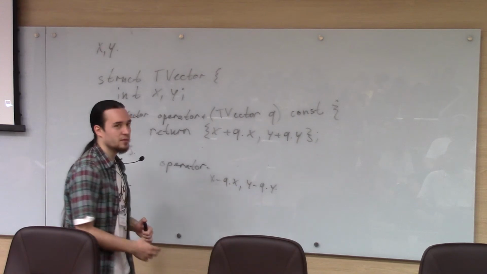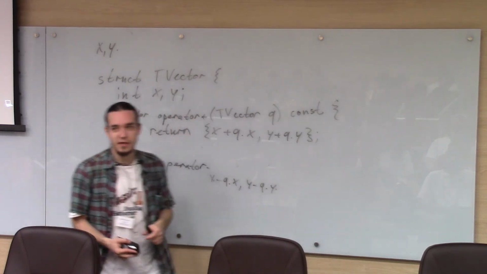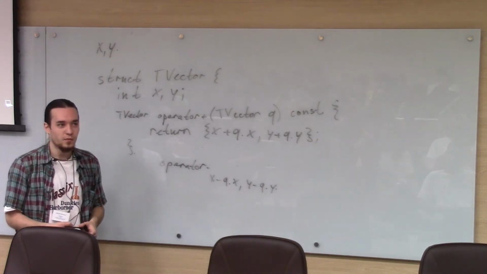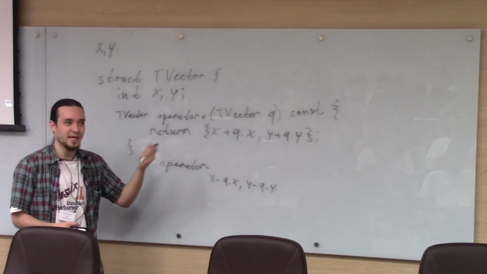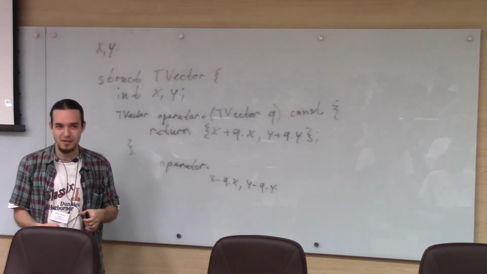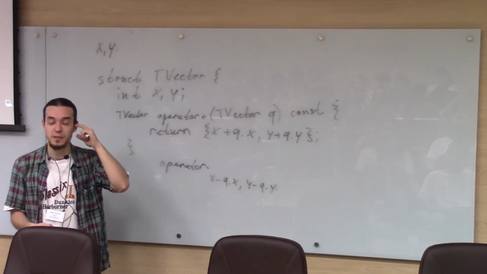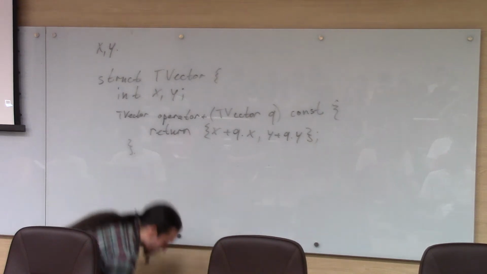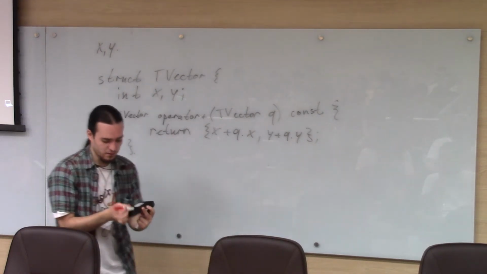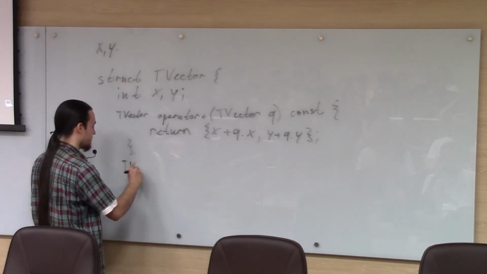Okay, some other operators that we would like to define. For example, scalar multiplication, where we want to double the vector. Well, we can add a vector to itself, but we want to be able to multiply a vector by numbers. So let's write it here. It's not going to be much different. So we still return a vector.